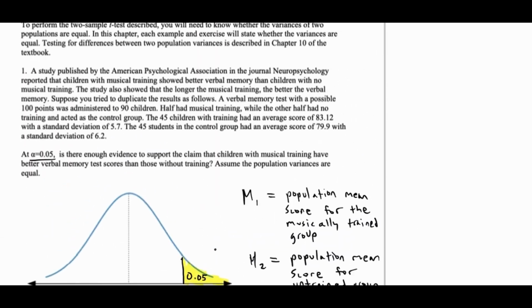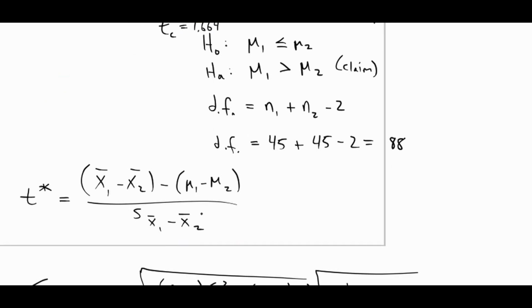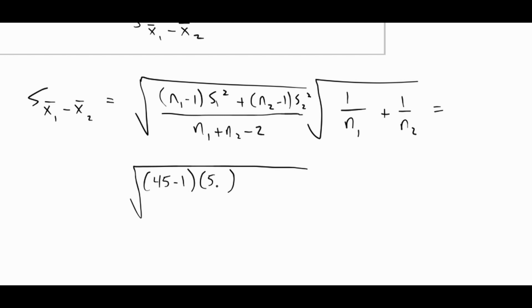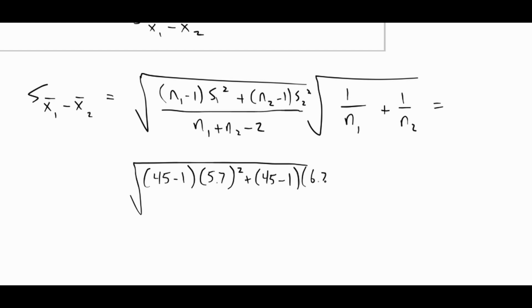S1 is the standard deviation of sample 1, which is 5.7. N2 is 45, and our other standard deviation is 6.2. And then we'll do 45 plus 45 minus 2.